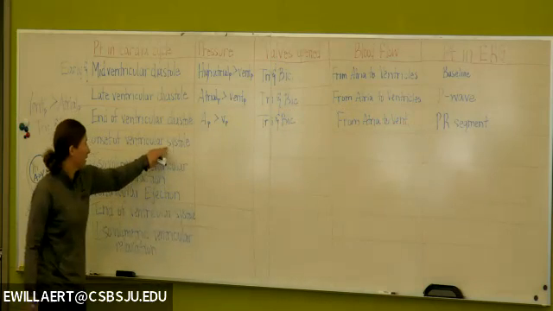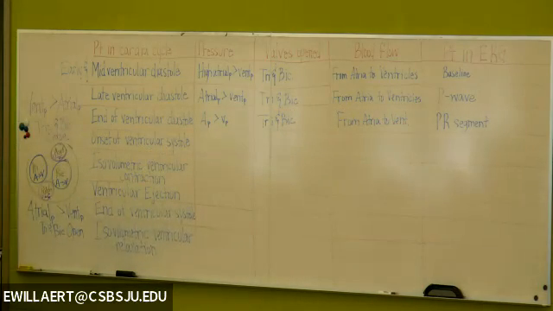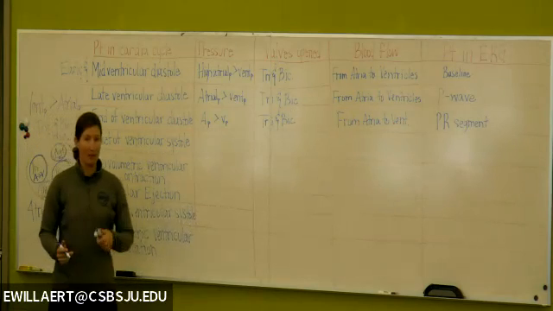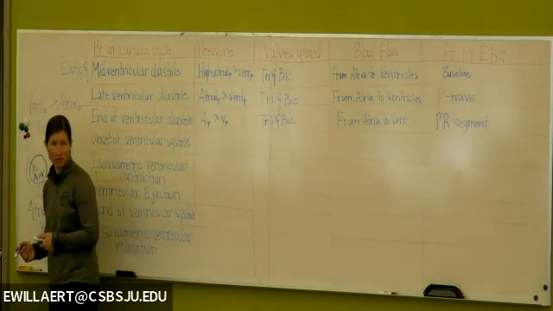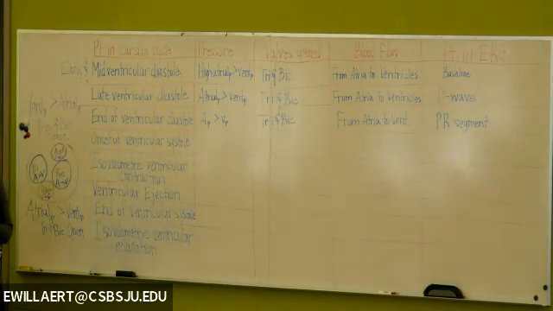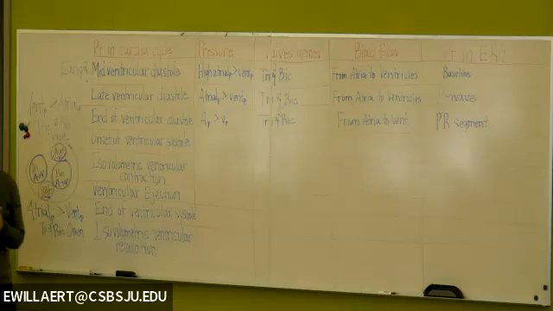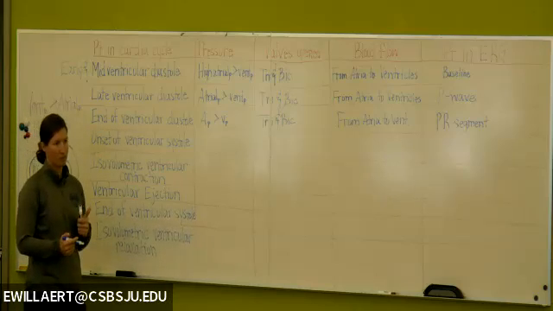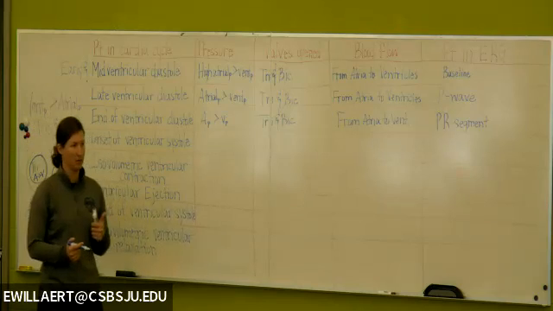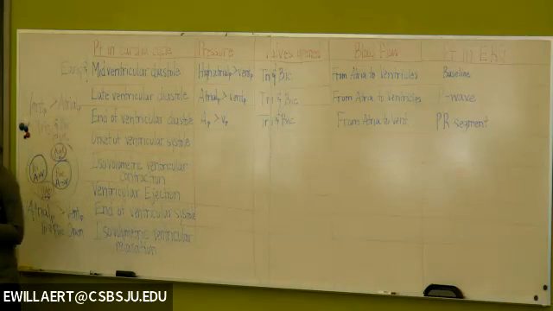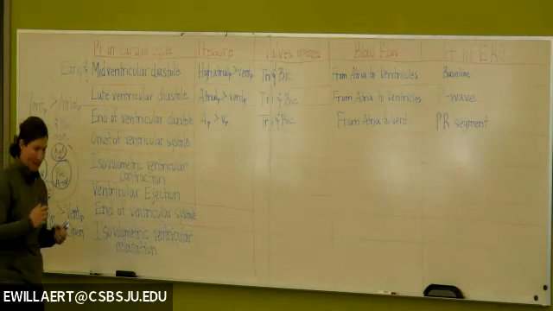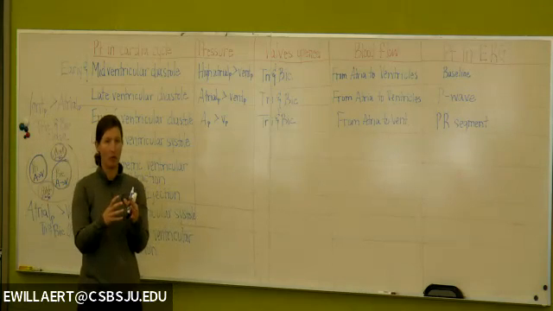Now, all of a sudden, our ventricles hit systole. And as our ventricles hit systole, what's happening to ventricular contraction? Increasing or decreasing? Systole means contraction or relaxation? Contraction, okay? So imagine that I blew a balloon up, and then I tied it in a knot, and then I squeezed it.